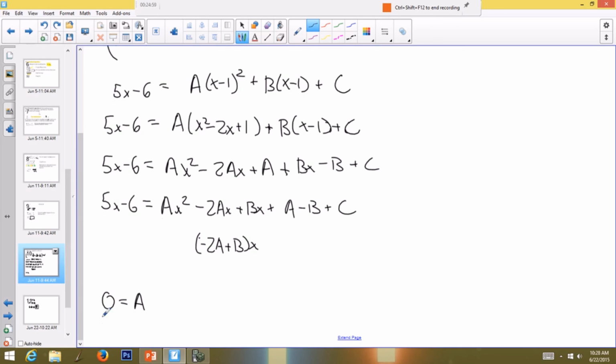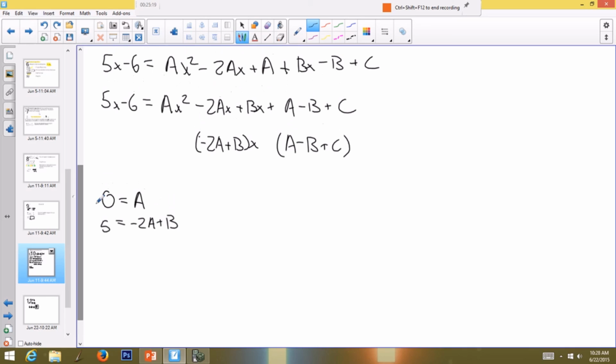So 5 is equal to negative 2 times a plus b. And then finally, this expression here, a minus b plus c, has no x's in it, so it has to equal the constant. So negative 6 has to equal a minus b plus c.